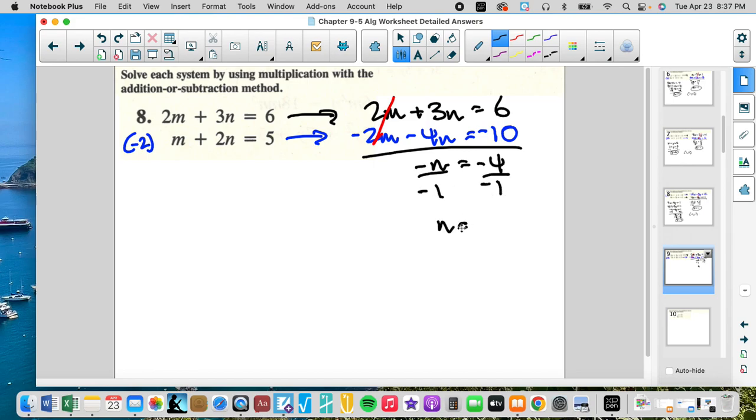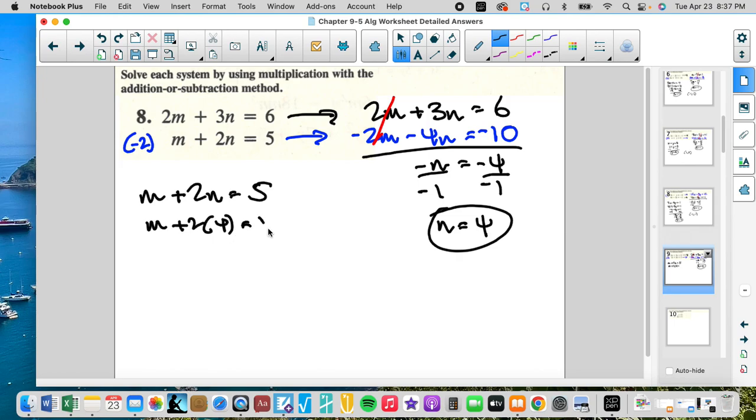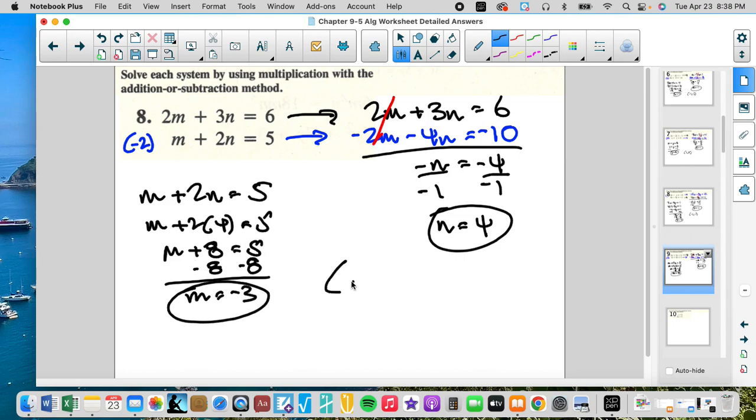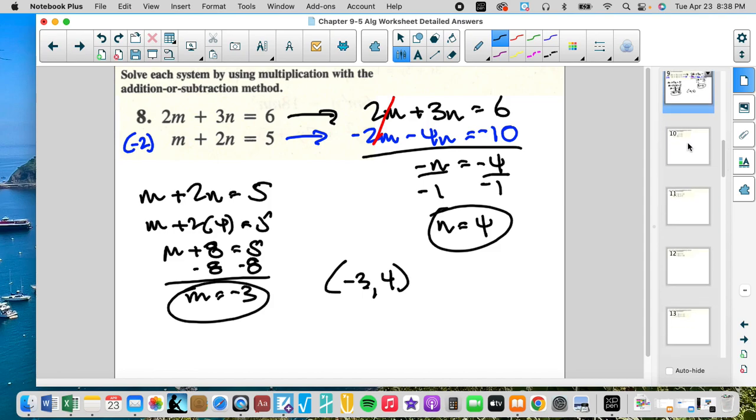Oh, you thought I was going to multiply by -1. Either technique works. m plus 2n equals 5. m plus 2 times 4 equals 5. m plus 8 equals 5. Minus 8, minus 8. m equals -3. m, n is our coordinate.